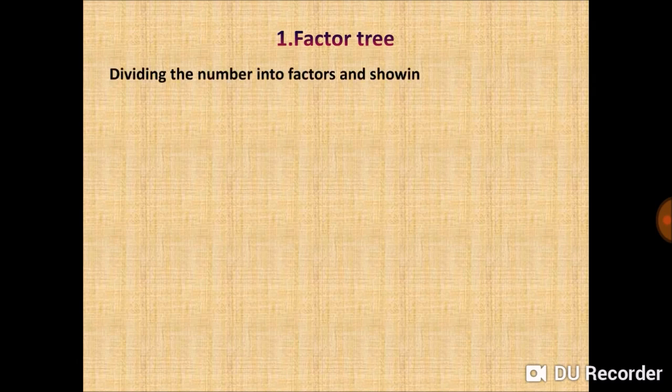Now the factor tree, how to build a factor tree. Dividing the number into factors and showing it as a picture which looks like a tree. So let's go to the example. With the example we can learn how to write a factor tree. Take number 60.